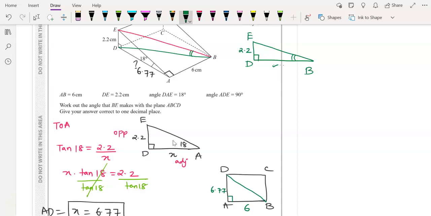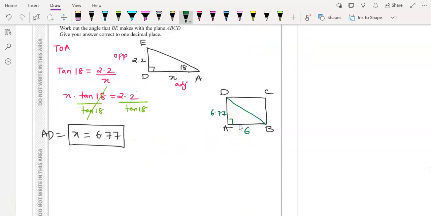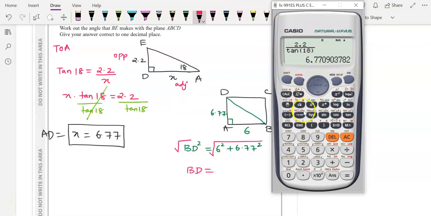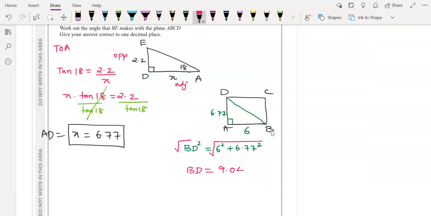So we can use Pythagoras theorem to find the hypotenuse. BD square equals 6 square plus 6.77 whole square. I want BD, so to cancel the square, you take the square root of both sides. So BD equals the square root of 6 square plus 6.77 square. That gives me 9.046. The value of side BD is 9.046. Okay, this is what we wanted.